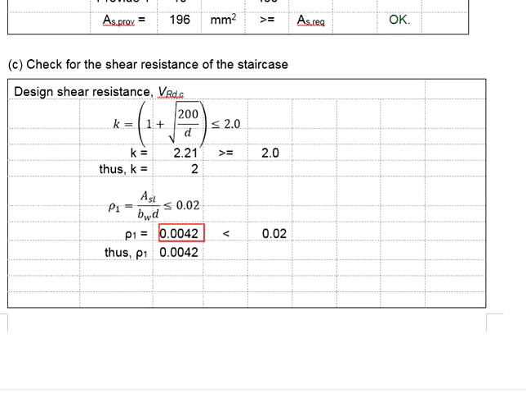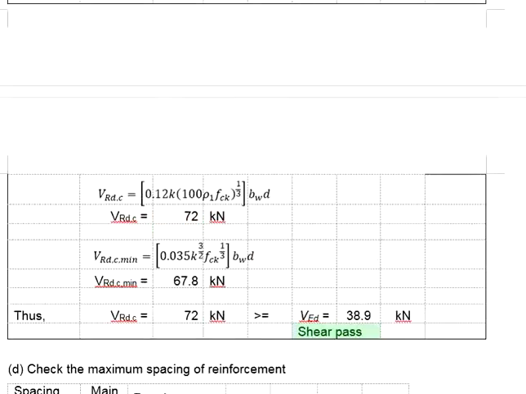In this case, it is less than that, so you will use the value that you have obtained. Next step will be substituting the relevant values into the equation. fck is given as 25 megapascal, and then you obtain VRd,c of 72 kilonewton.